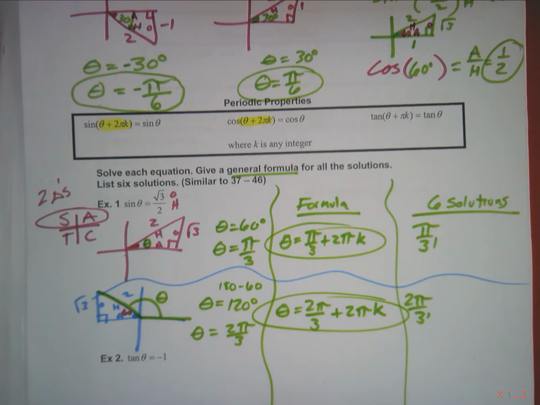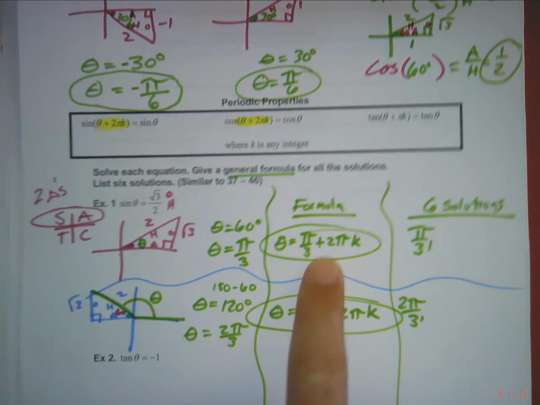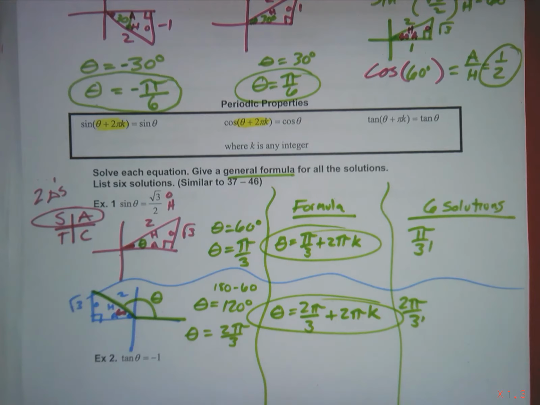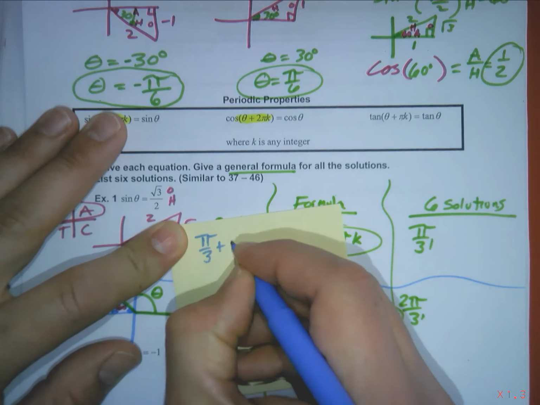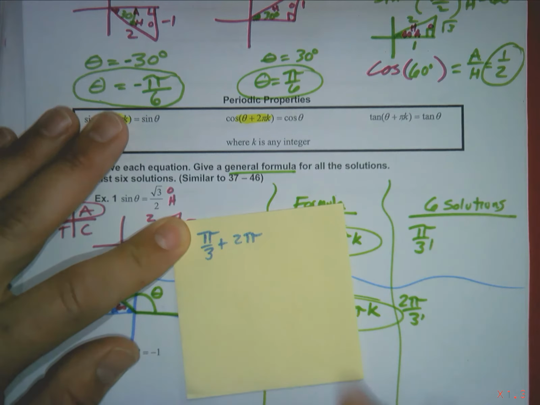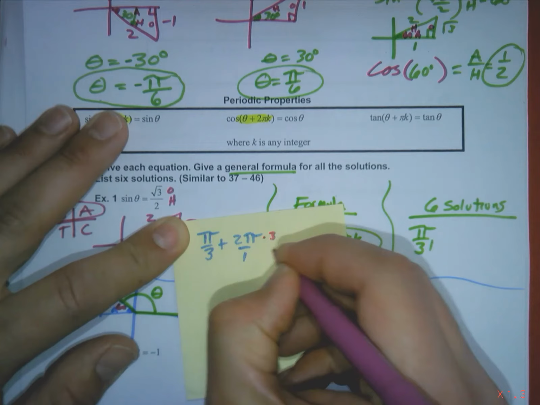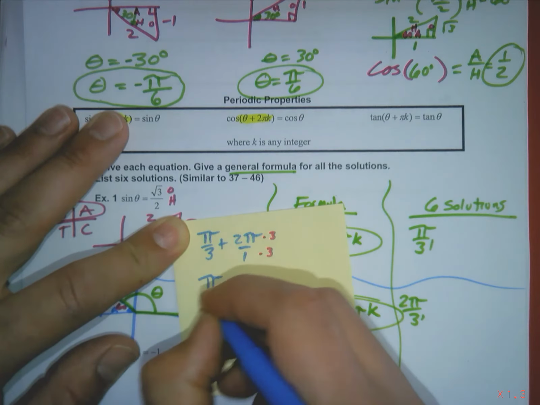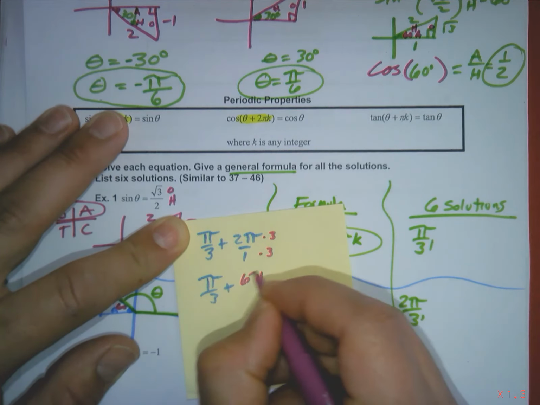All right, so I'm at pi over 3 and they want me to add 2 pi. Okay, so here's the idea. Let me get a nice sticky note here. If I'm looking at common denominators, I'm going to multiply top and bottom by 3. So I'm at pi over 3 and I'm going to add 6 pi over 3.